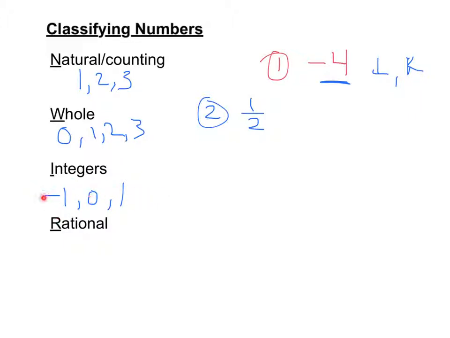No, fractions don't fall on the number line. So it's not an integer. Then I ask, can I write it as a decimal or a fraction? In this case, yes, it is a fraction. So 1/2, the only thing we can categorize it as is rational.